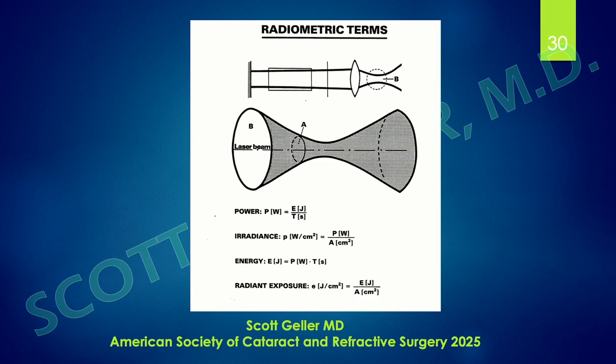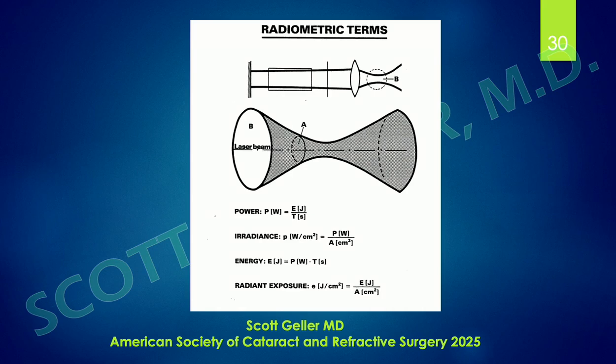In radiometric terms, we've got power, in parentheses watts, which is joules over time. Irradiance is the power in watts per centimeter squared, as seen in this formula here, P over A. Energy in joules is equal to power, in watts, times time.